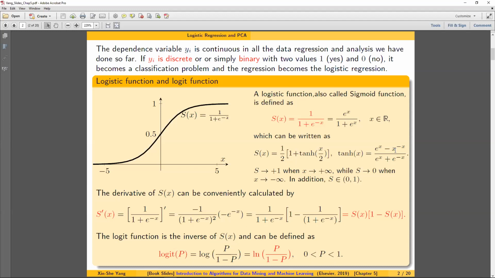So you can see there are some special properties for this function. When x is approaching positive infinity, S is approaching positive 1.